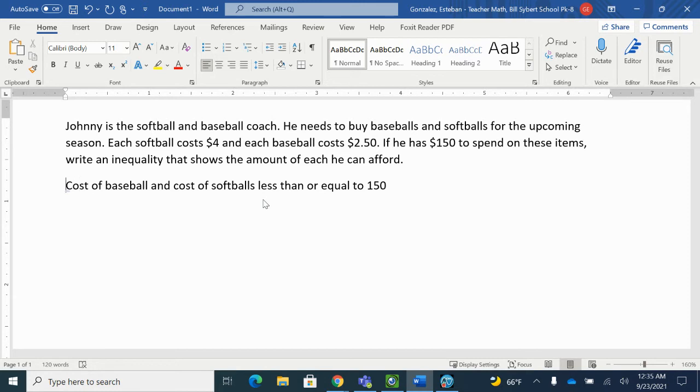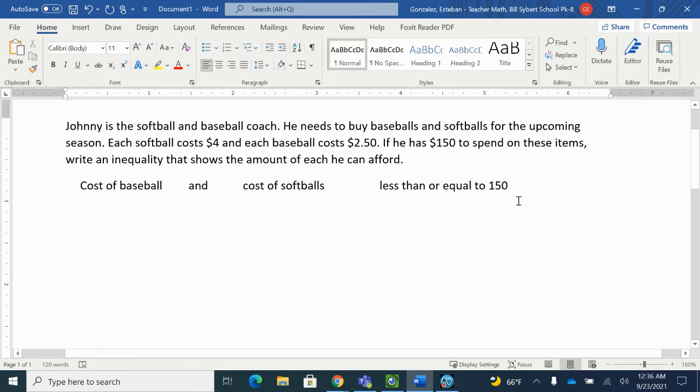So we have some very special things going on. Here we're talking about Johnny buying baseballs and softballs. And what do we know? Well, we know that he has to spend money on baseballs and he has to spend money on softballs. And we also know that he has less than or equal to $150 to spend, right?